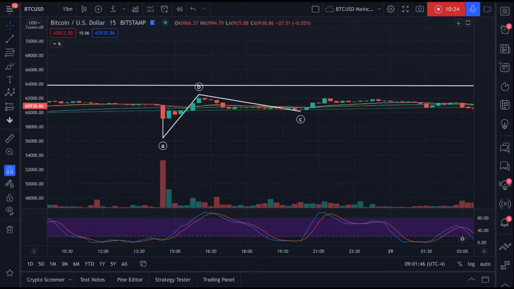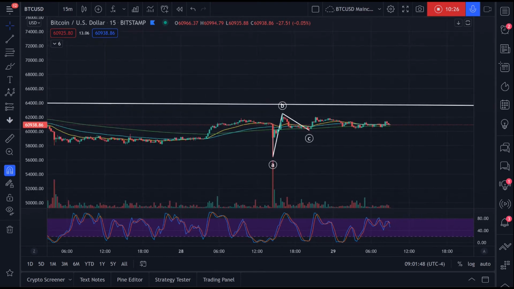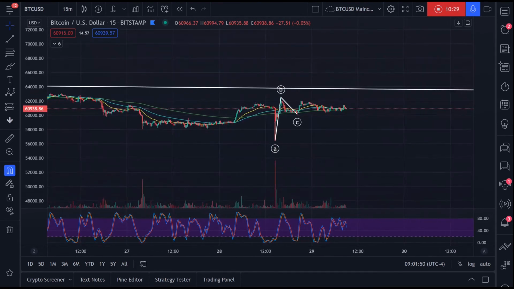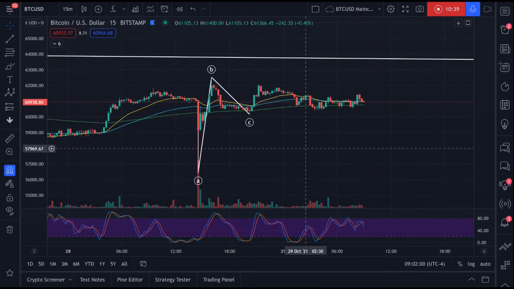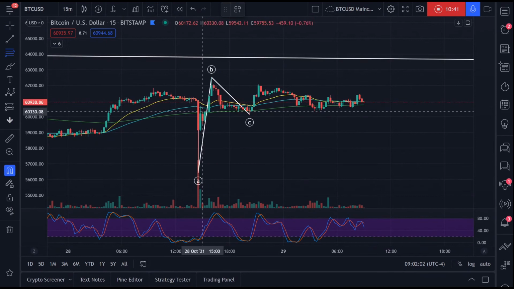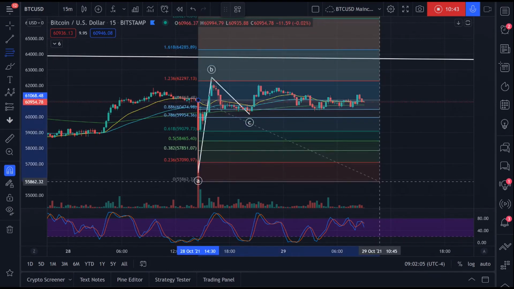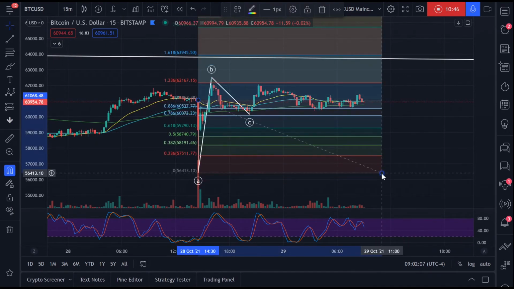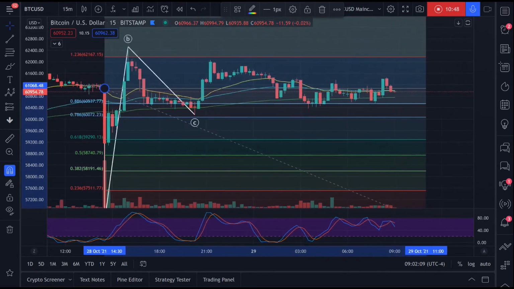So you're thinking, what's going on? When is it going to drop? And it never dropped, okay? And so this is interesting about the running C wave. It just takes its time. That's the first thing. And then the second thing is, if you measure it, you'll see it's right on the fibs, okay?